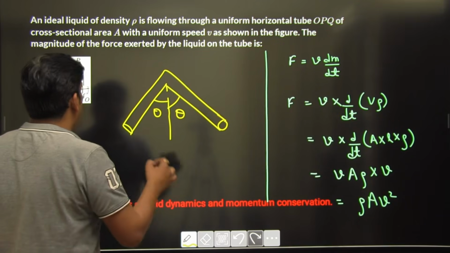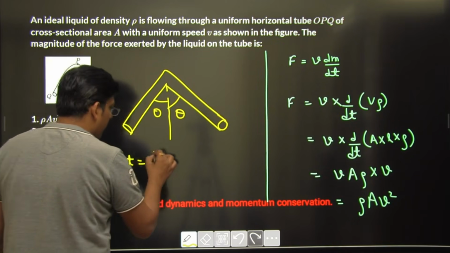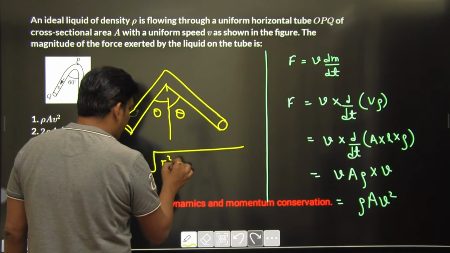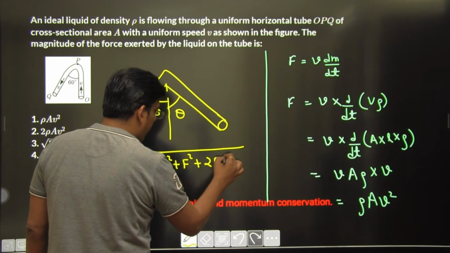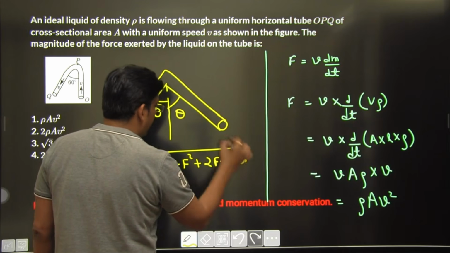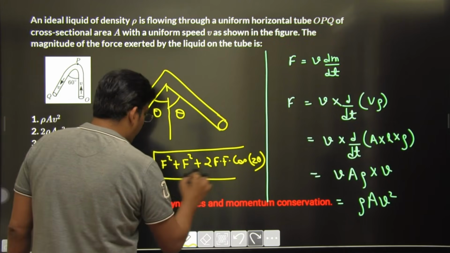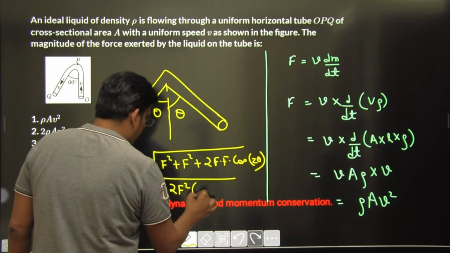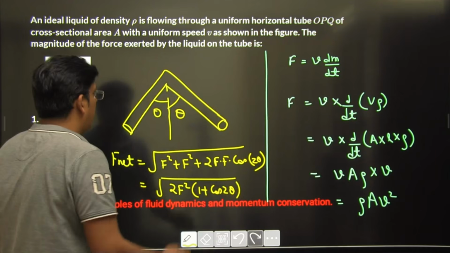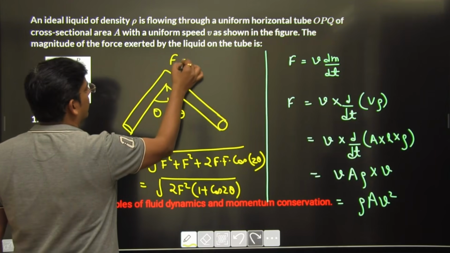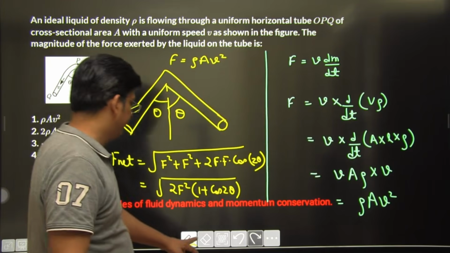Now the net force can be calculated using the parallelogram law of vectors, which is under root of F square plus F square plus 2F into cos of 2 theta. So this would be under root of 2F square into 1 plus cos 2 theta. Now using basic trigonometry, the value of F is rho A v square.